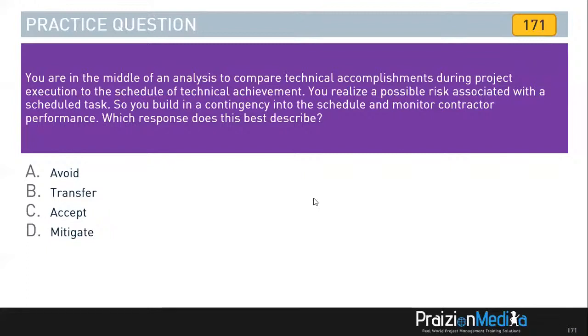All right. So there's a trick to this, my friends. Anytime you see contingency as part of a risk measure, you need to understand that contingencies are always associated with after the fact action. So the best answer to this is accept.